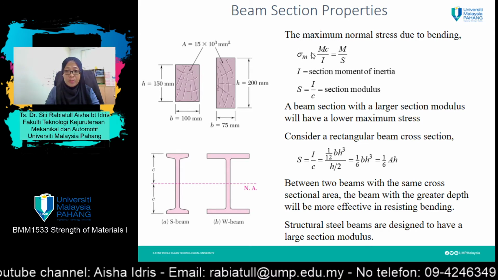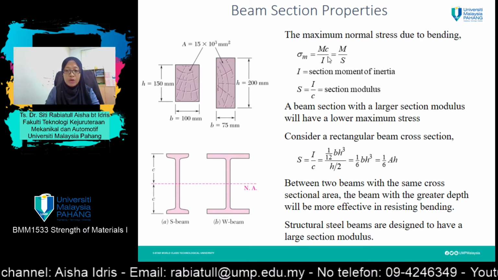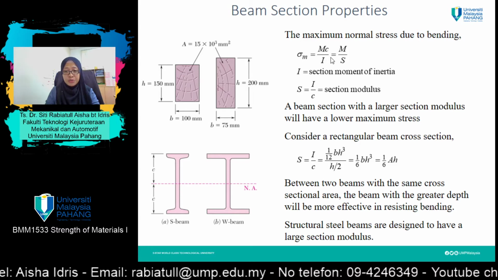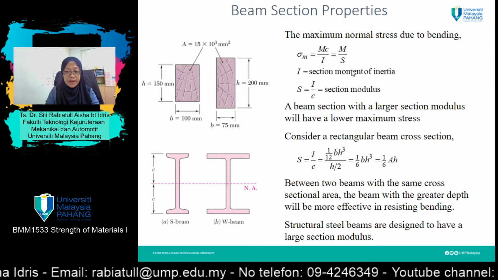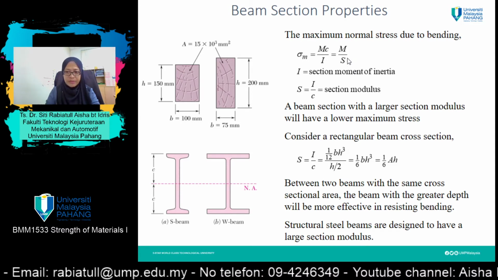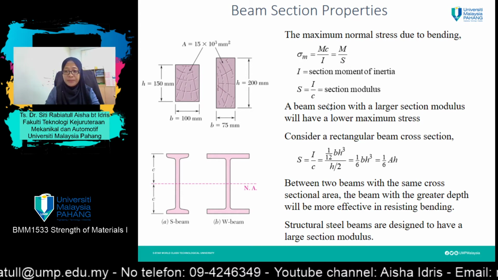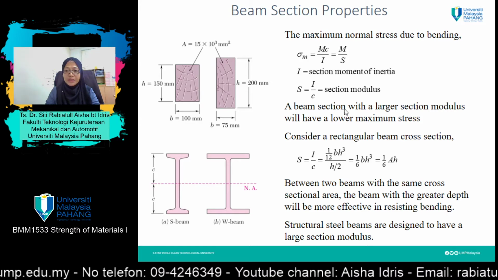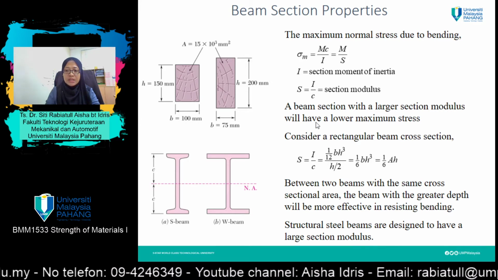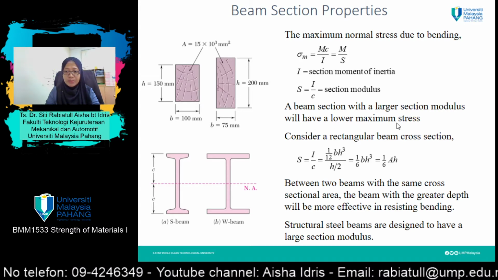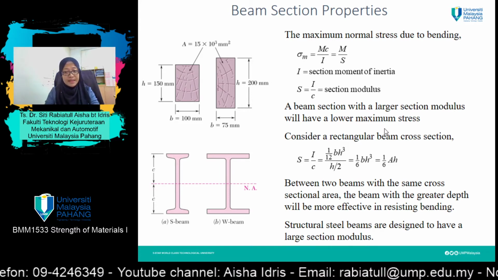From the formula sigma equals My over I, you can change it to sigma equals M over S, where I is the section moment of inertia. So a beam section with a larger section modulus will have a lower maximum stress. Does it make sense to you?